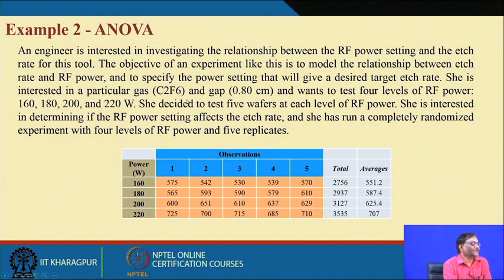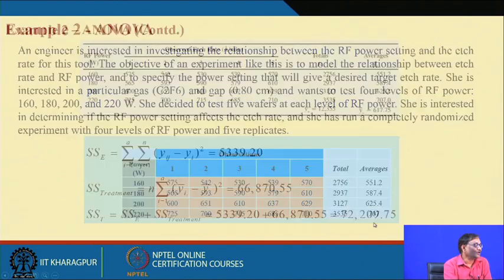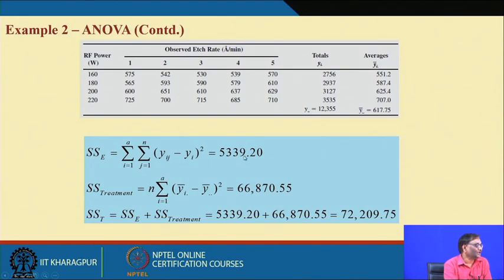Here the response variable is the etch rate, and you are using different power: 160 watt, 180 watt, 200 watt and 220 watt, that means 4 levels. There are 5 replications and this is the experimental data, and then this is the total and average. Now, find out SS error, SS treatment and SS total.